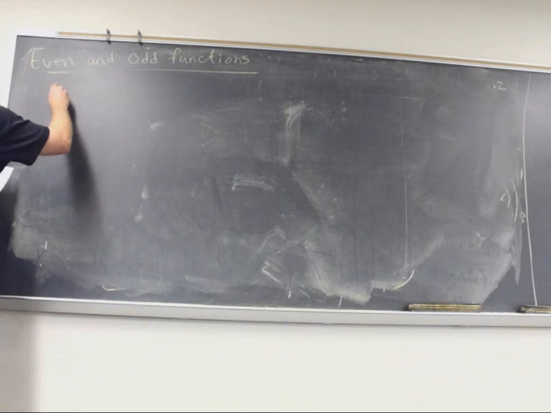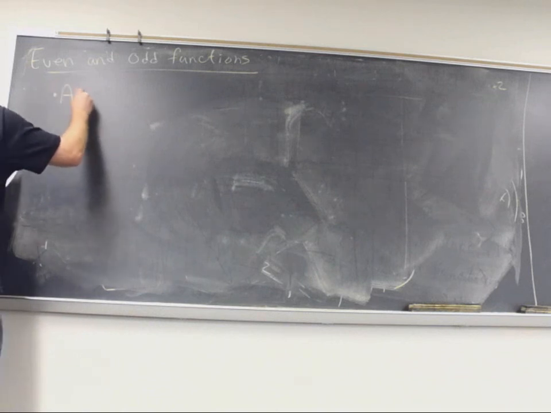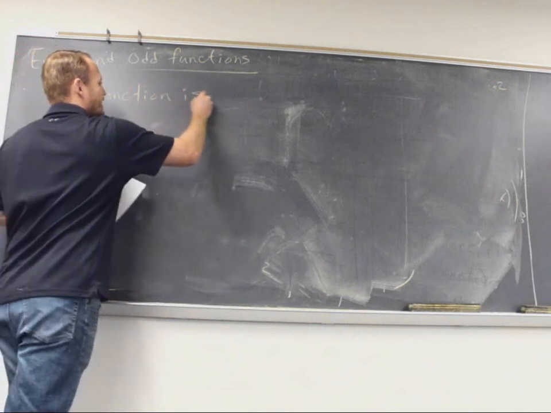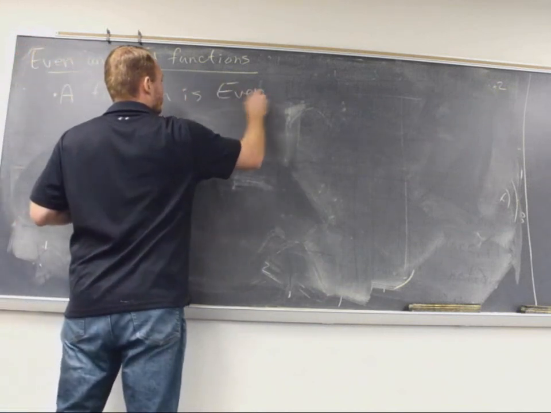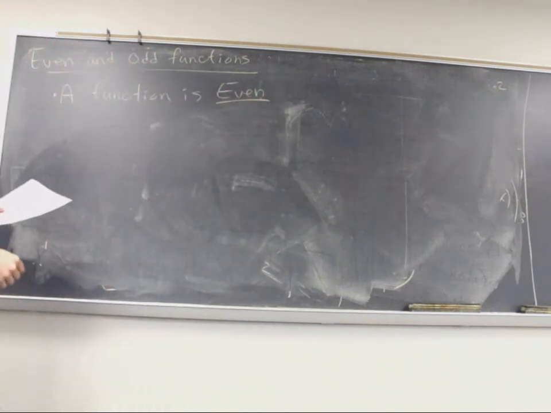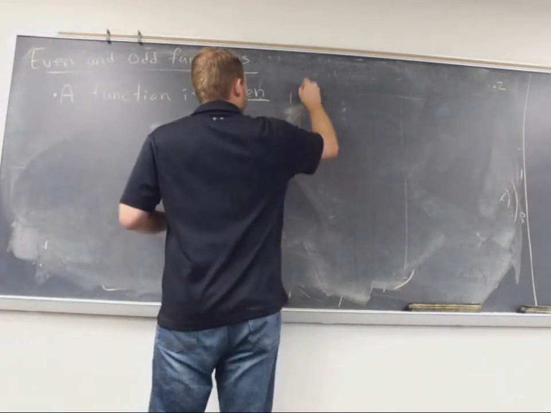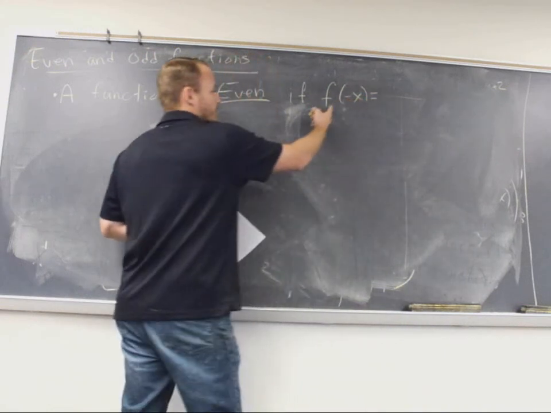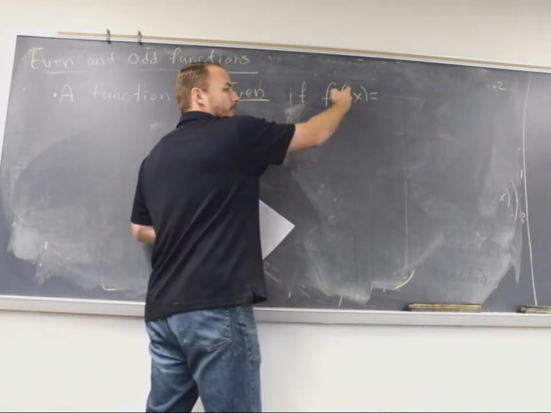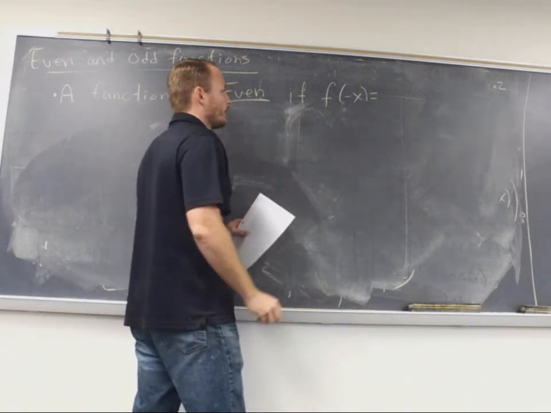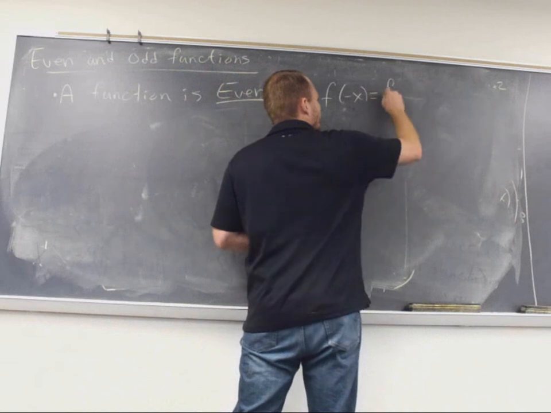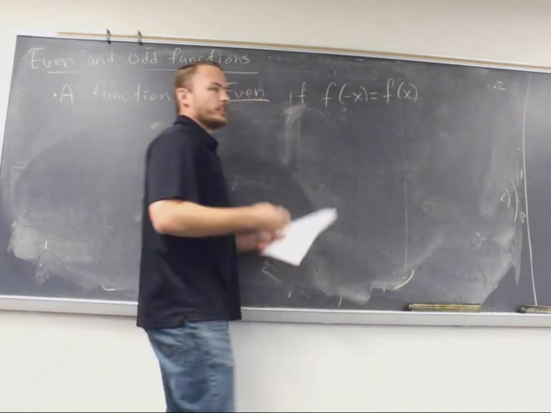So let's just say a function is even. Even is the definition here that we're going after. If f of negative x, that's saying that we just plug in negative x into the f function, and we do some simplifying, and it equals the original function, f of x.